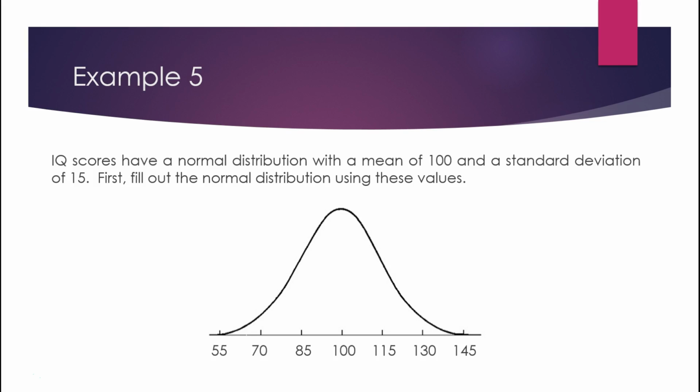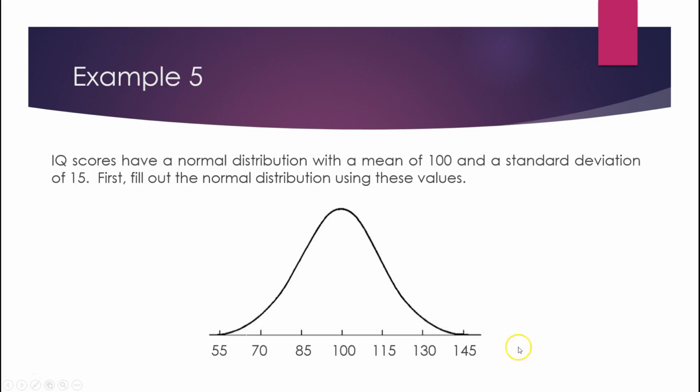So to fill in these values along the bottom, our mean of 100 goes right in the center. And then each step is a distance of the standard deviation. So each step is 15. So one step up is going to be 115. One more step up is 130. One more step is 145.